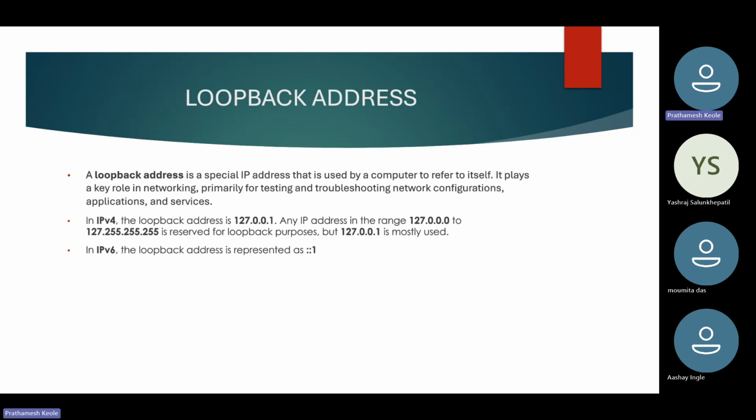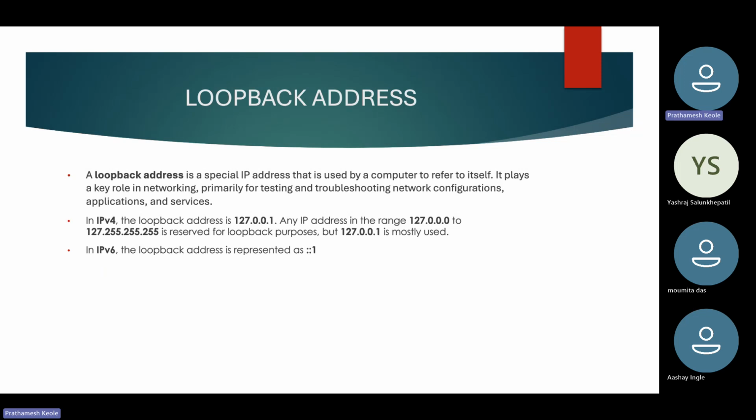So the next is loopback address. The loopback address is a special IP address which is used by a computer to refer to itself. It is mostly used in networking for testing and troubleshooting network configuration, applications, and services. In IPv4, the loopback address is 127.0.0.1.